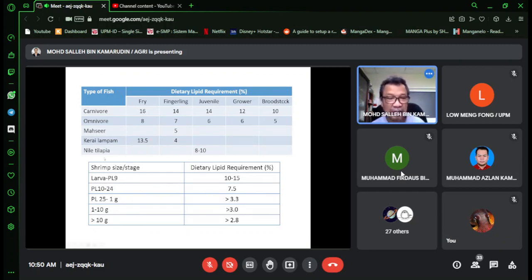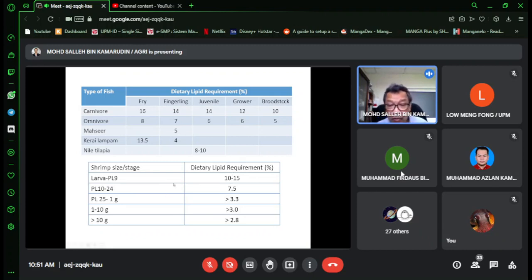Ada soalan di situ. And we have for Nile tilapia, mostly from fingerling onward is about 8 to 10. If you give them more than 12%, the fish will not have a good growth. In fact, the growth is suppressed ataupun makin menurun. Alright.